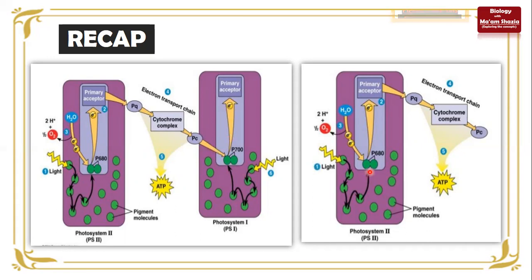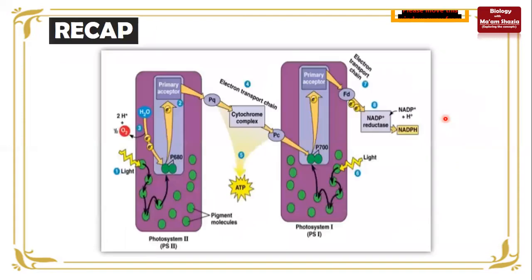After that, what will happen? The two electrons coming from PS1 move to the ferredoxin, and ferredoxin gives them to the NADPH. With NADP reductase, NADP, hydrogens which are actually part of the water molecule, and two electrons coming from PS1, on the combination of all these three things, NADPH will form.